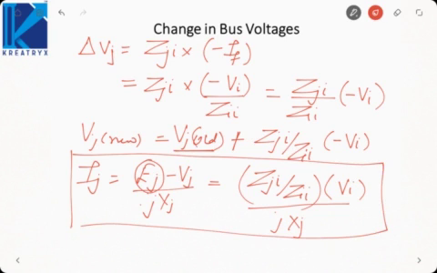So this will be the current supplied by the generator connected to bus number j. Okay, so that gives the contribution of generator j to the fault current. Suppose 1 kiloampere current goes into the fault, then it will be constituted by many generators, let us say generator 1, 2, 3.